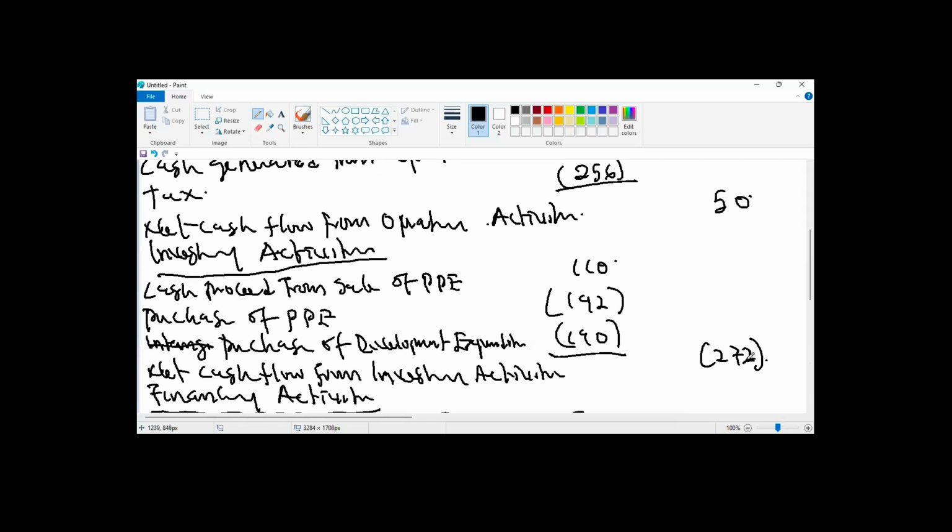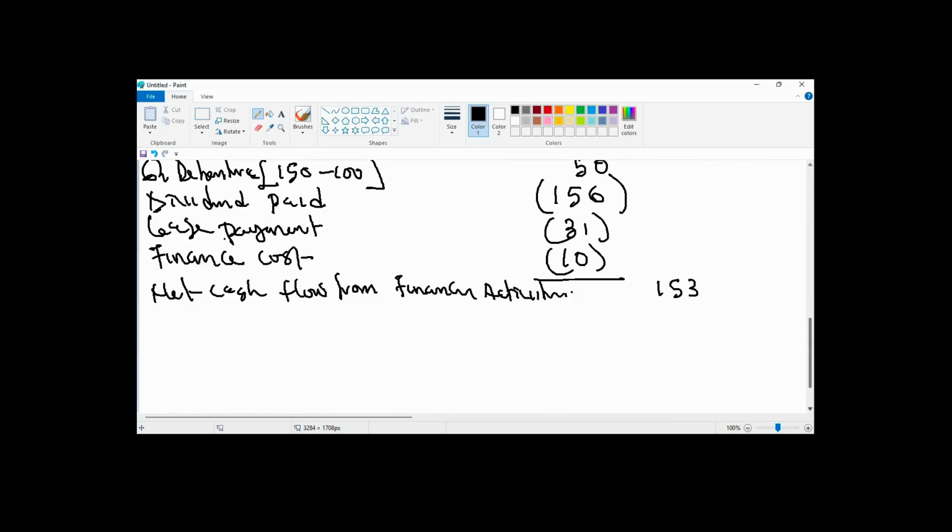If it is negative, I will say decrease. Decrease in cash and cash equivalent.